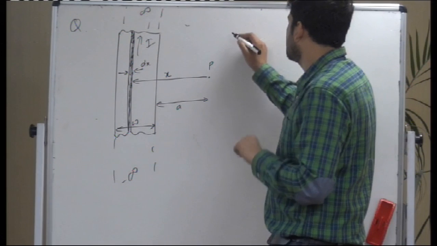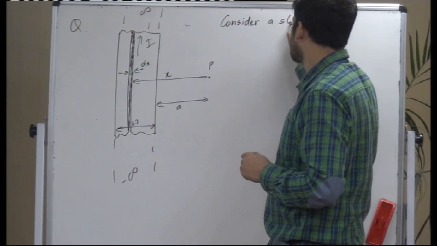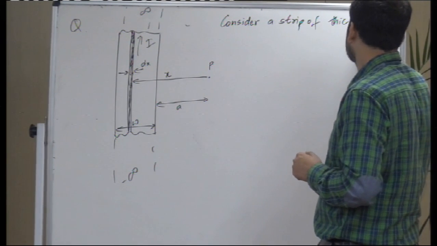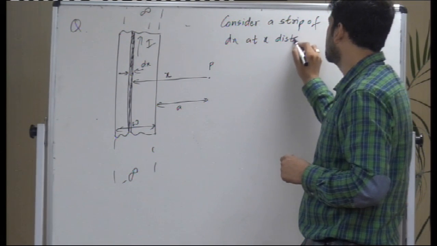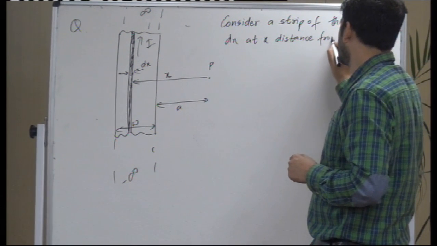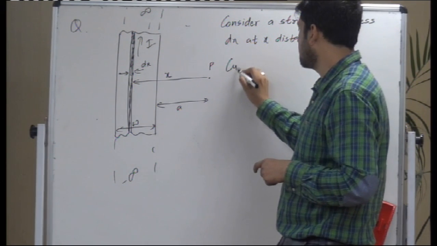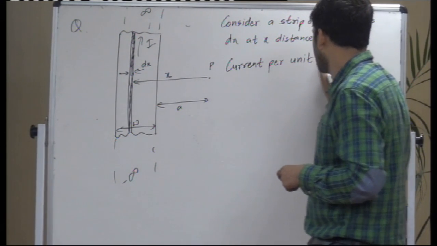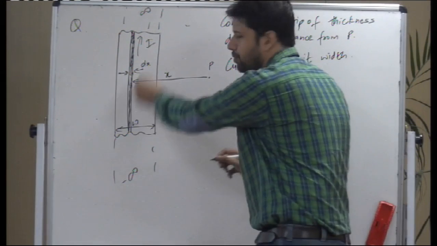So consider a strip of thickness dx at x distance from P. Now the current per unit width, that is current through a very small portion.